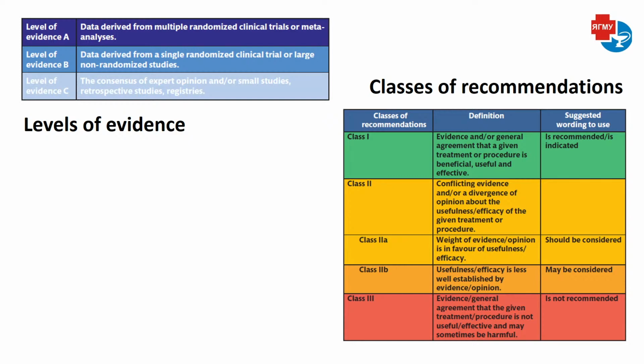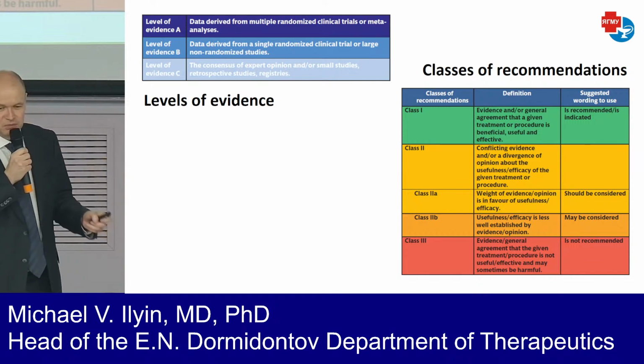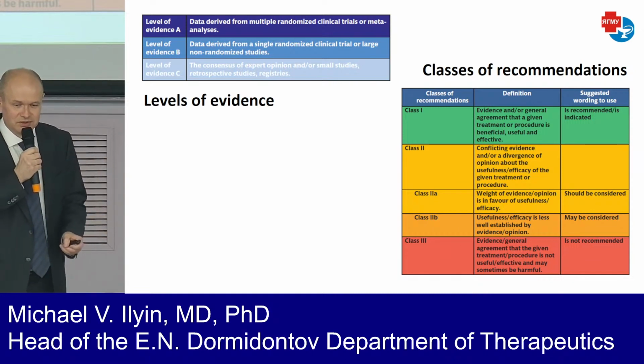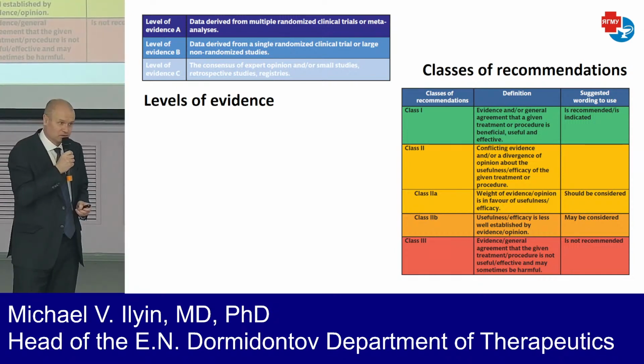Class 2B, usefulness and efficacy is less well established by evidence and opinion, and may be considered. And class 3, it is not recommended. Evidence and general agreement that the given treatment or procedure is not useful, not effective, and may sometimes be harmful.